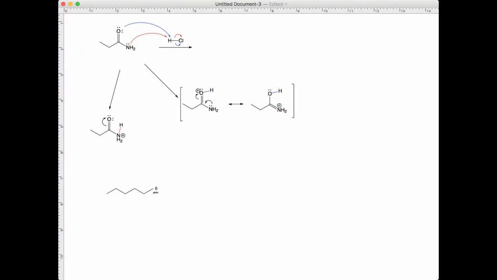So let's say I'm going to give you a molecule like this. Okay, and then let's say I react this molecule with a very strong base. I'm going to say a generic base, B minus.